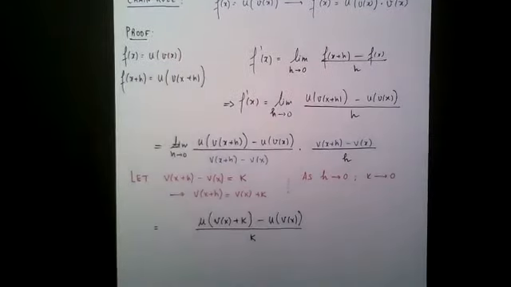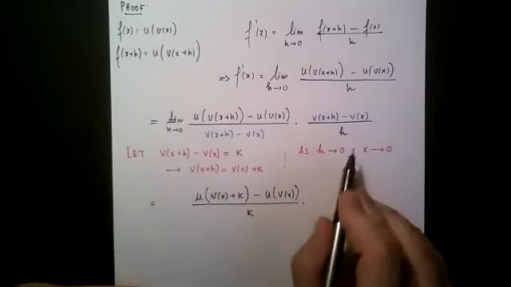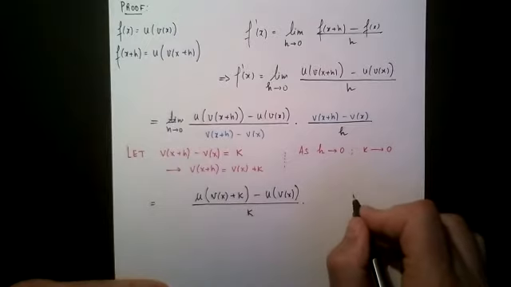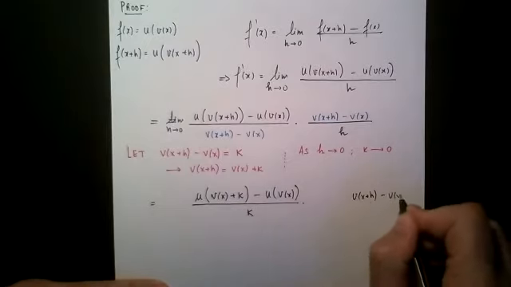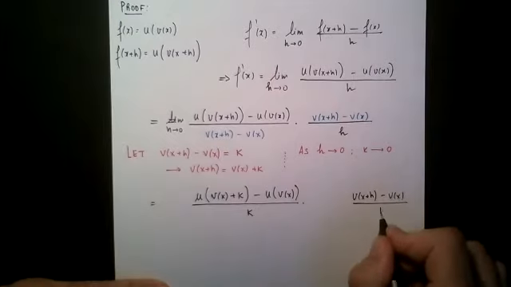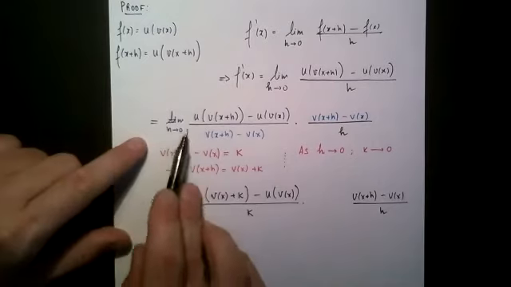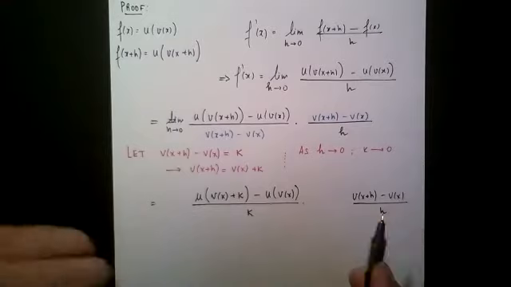My second fraction, this one here, I'm going to leave as is. So it's times v of x plus h minus v of x, and this is over h. And all this, there's a limit in front as h approaches 0. So I'm going to apply the limit everywhere.